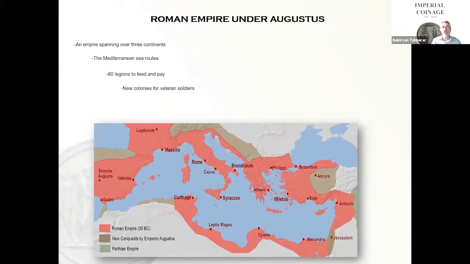So he had to form new colonies for the veteran soldiers. He couldn't continue feeding and paying these soldiers forever. And the best way to get rid of that burden was to establish colonies and settle these people in those colonies and give them some land and shut them up. He did it very, very efficiently.